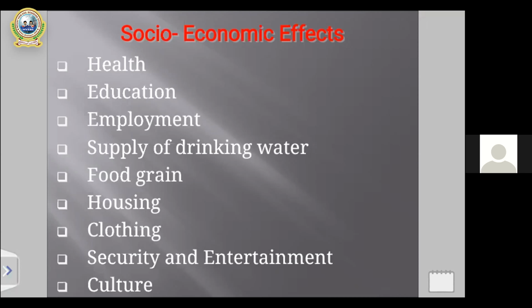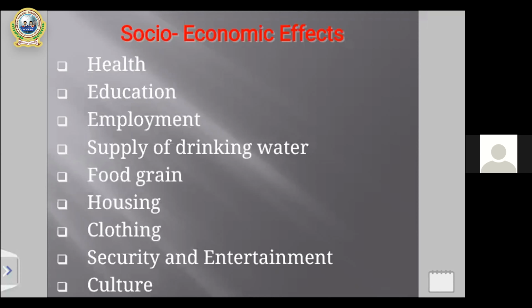Can you share about security and entertainment, which is also one of the side effects of rapid population growth? What is your view? Please share your view.